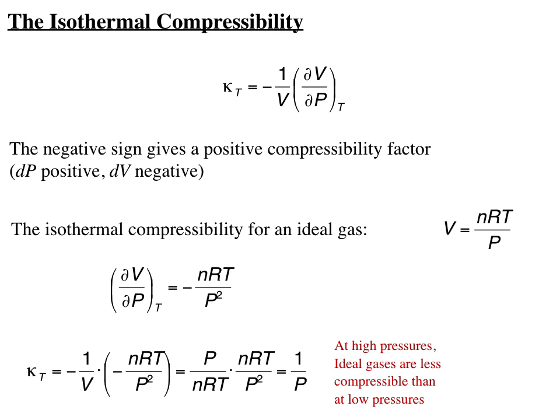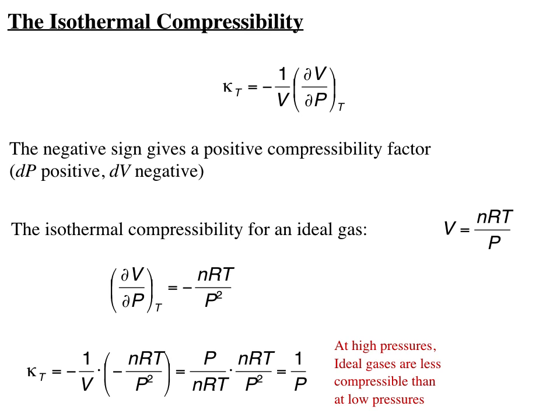So again, we could determine what the isothermal compressibility is if the gas is ideal. V is equal to nRT over P. So dV dP at fixed T is minus nRT over P squared. So when I stick that into the expression and put in for 1 over V, that is P over nRT, and cancel everything out, I get that the isothermal compressibility of an ideal gas is 1 over the pressure.